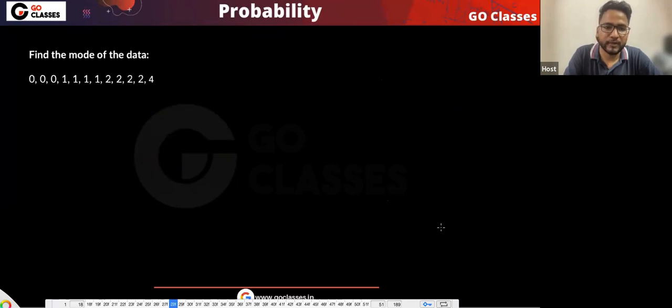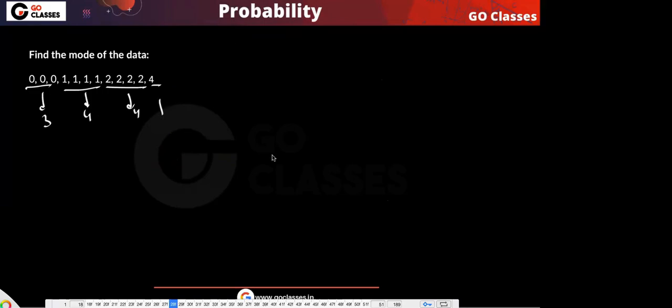Okay. Let's find out the mode of this data. Mode is the most frequent number. What do you think? What is the mode of this data? This is coming out 3 times. This is coming out 4 times. This is coming out 4 times. This is coming out 1 time. Then what is the mode? This is 1, 2, 3, 4. Yes, that is correct.